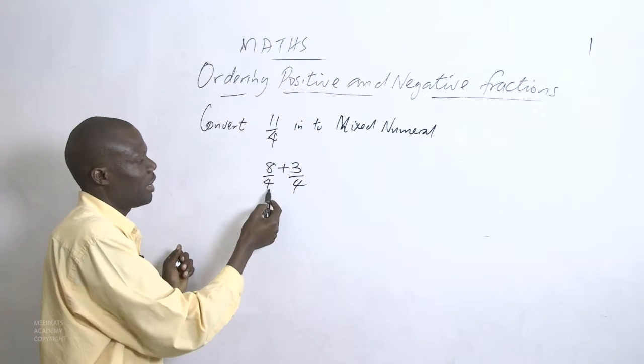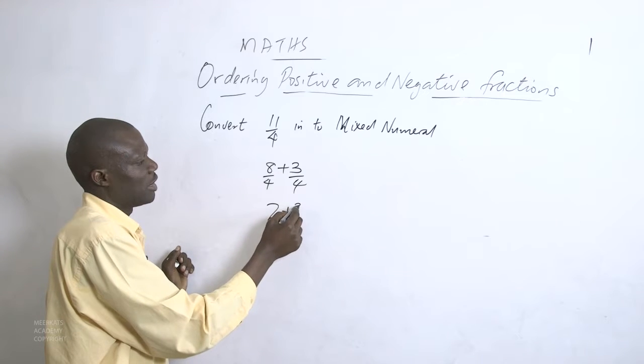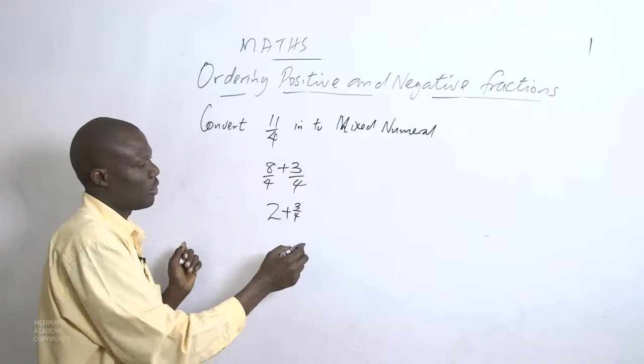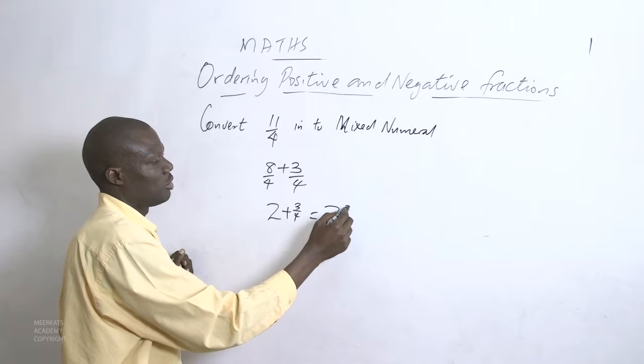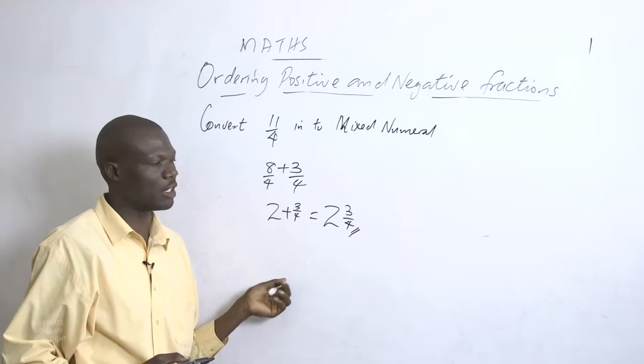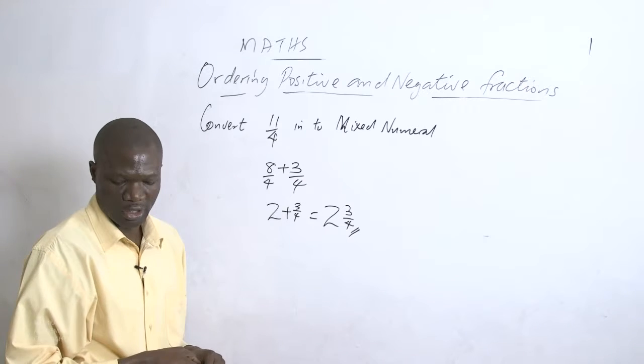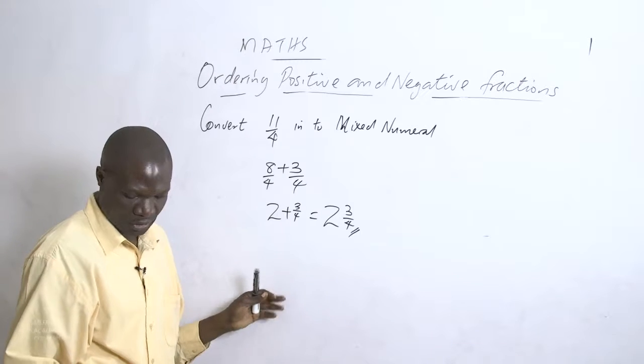So when you divide 8 by 4, you'll get 2 plus 3 over 4, which will give us 2 and 3 over 4. And that is our answer, and it is written in a mixed numeral form.